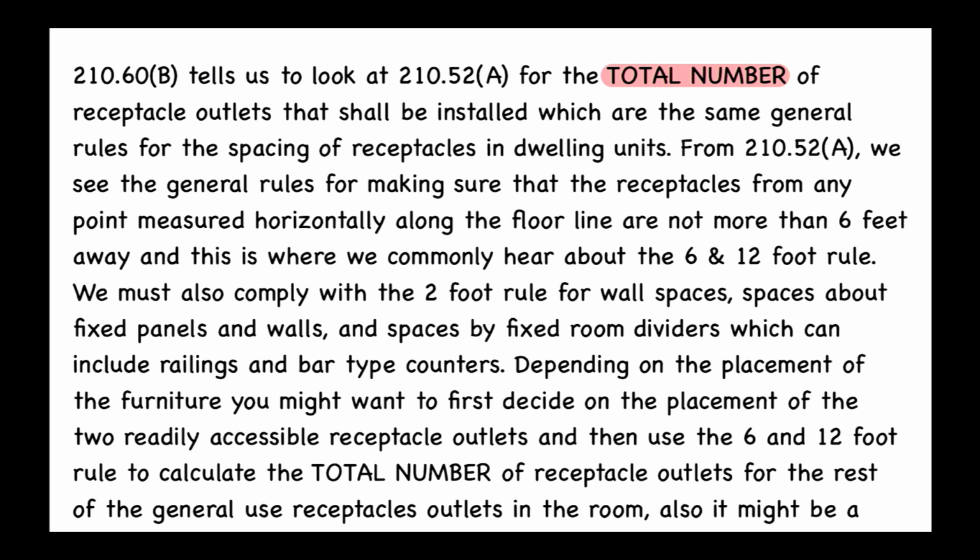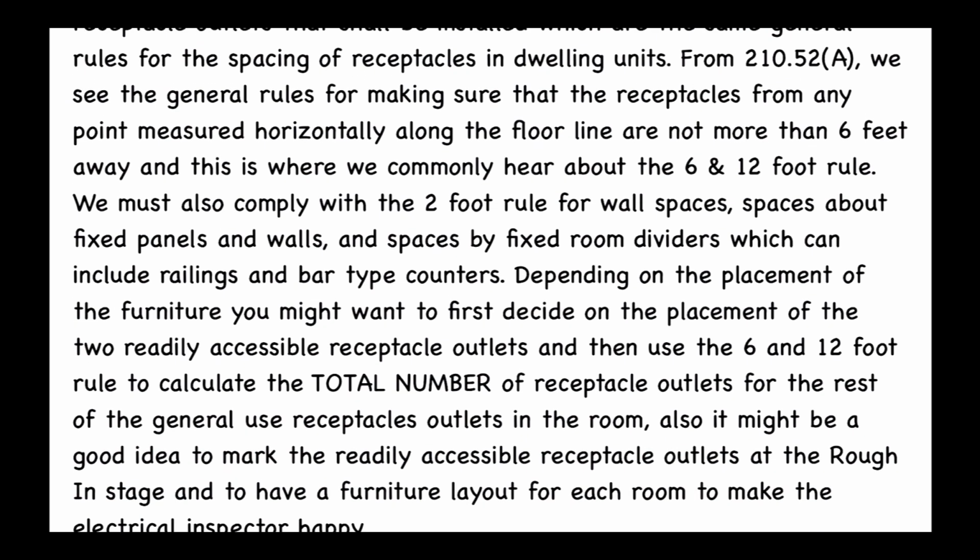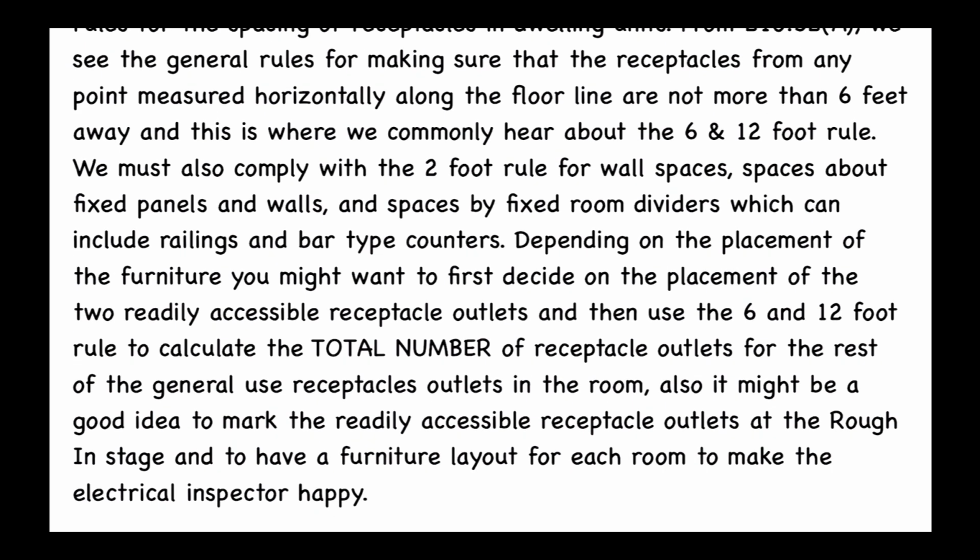And this is where we commonly hear about the 6 and 12-foot rule. We must also comply with the 2-foot rule for wall spaces about fixed panels and walls, and spaces by fixed room dividers, which can include railings and bar-type counters. Depending on the placement of the furniture, you might want to first decide on the placement of the 2 readily accessible receptacle outlets, and then use the 6 and 12-foot rule to calculate the total number of receptacle outlets for the rest of the general use receptacle outlets in the room.